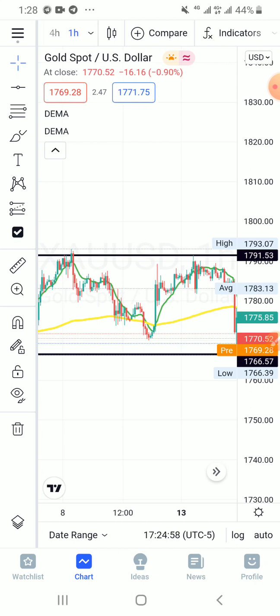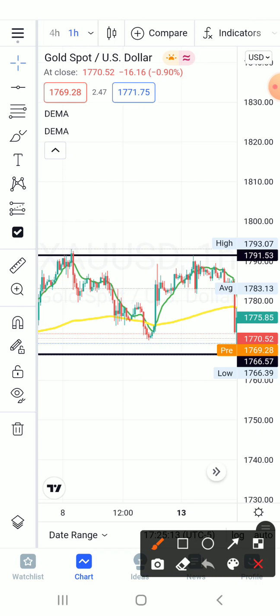You also have to apply that the high is always the resistance and the low is always the support zone. You can also call the high the distribution zone. This is the distribution zone, and this is the accumulation zone.